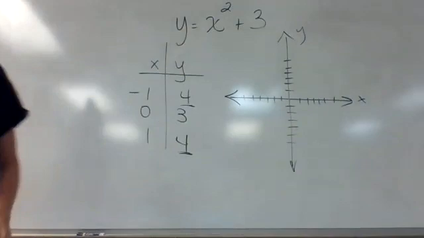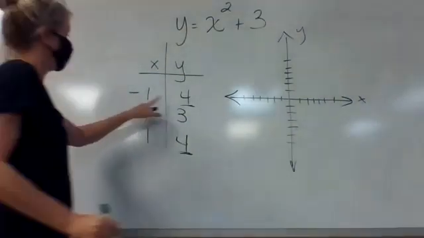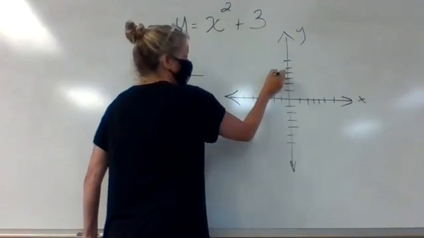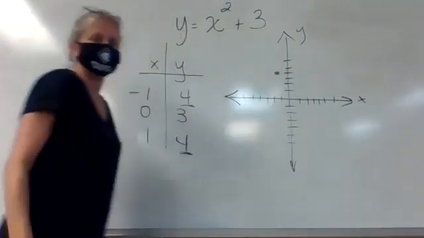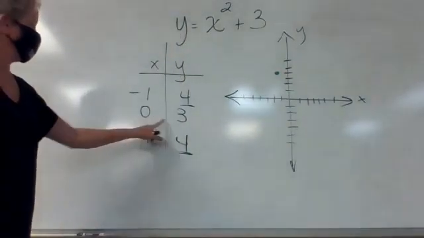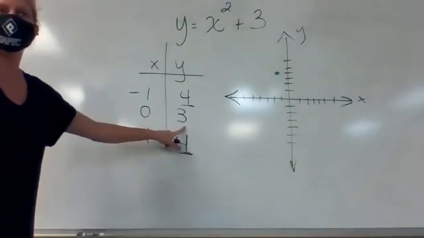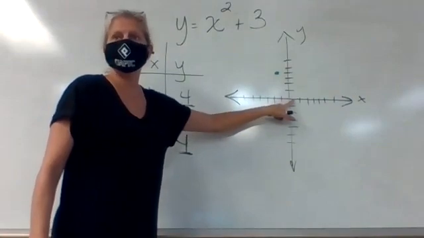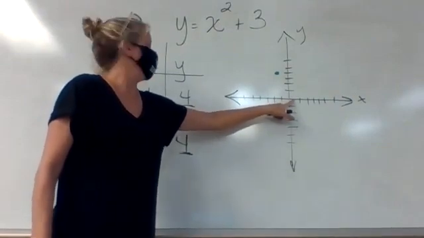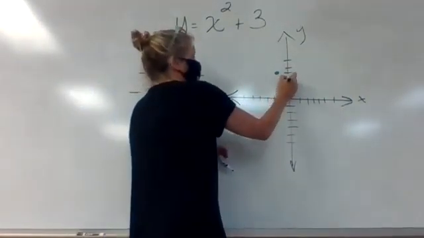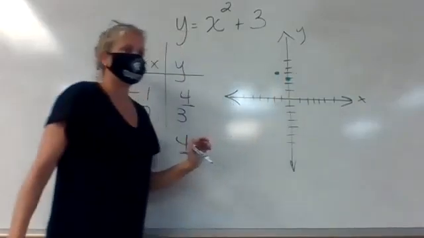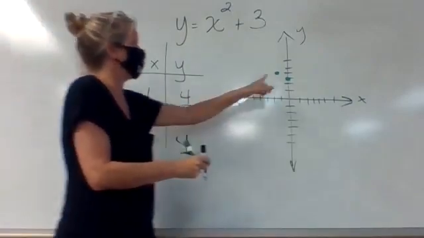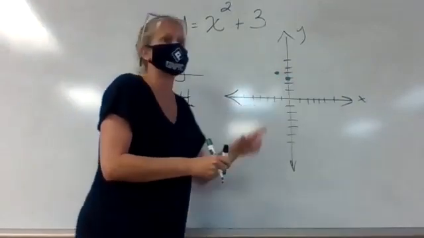-1, 4 would be to the left 1, up 4. Zero, 3. So I don't go left or right at all because my x is 0. My y is +3, so I'll go up 3. And this point, look, since they have the same y, they should line up with the y-axis in the same spot, right?